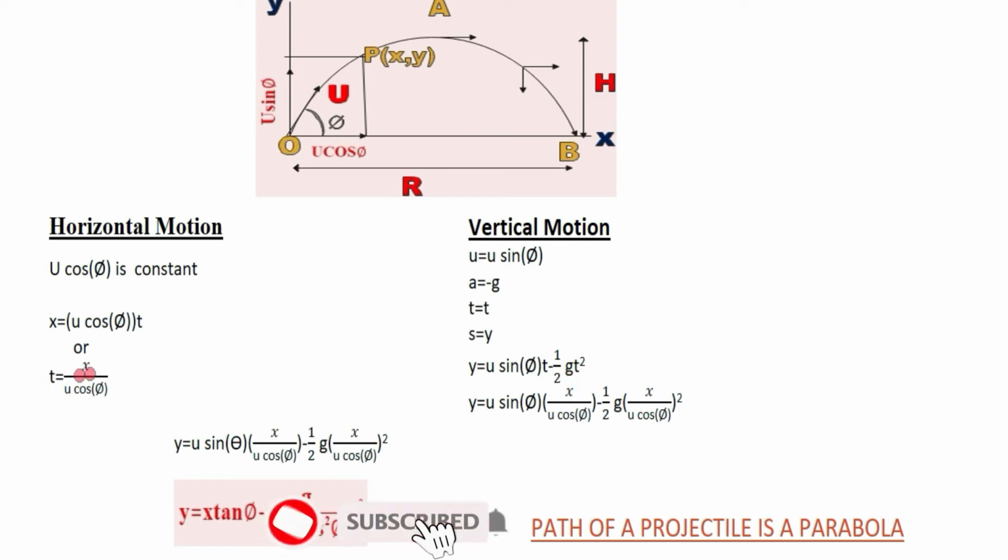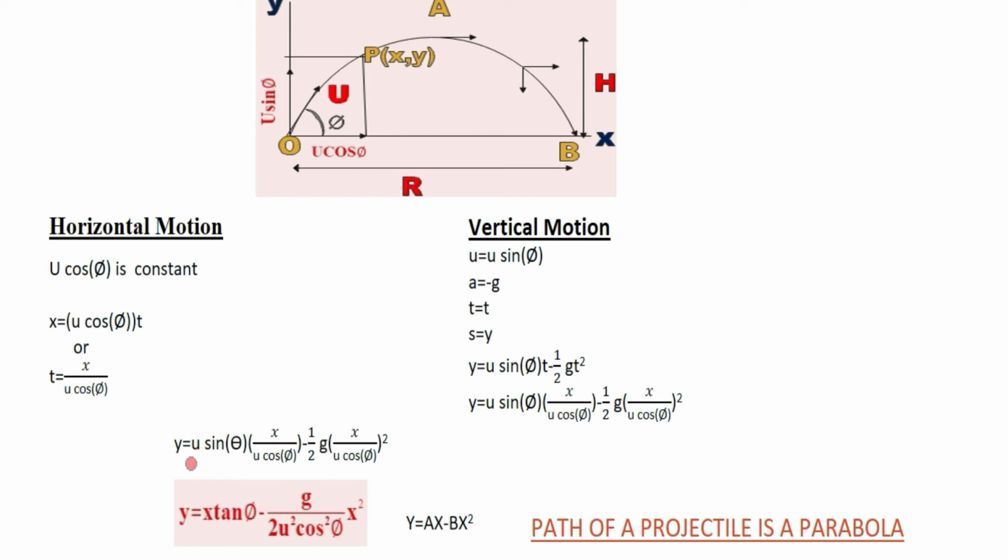From here we know that the expression for time is t is equal to x by u cos phi. Now, if I substitute this time in this formula, then I will get y is equal to u sin phi into x by u cos phi minus half g into t square, that is x by u cos phi whole square.